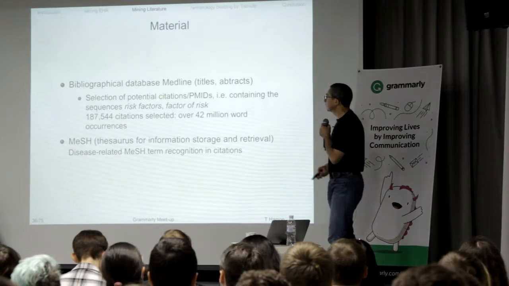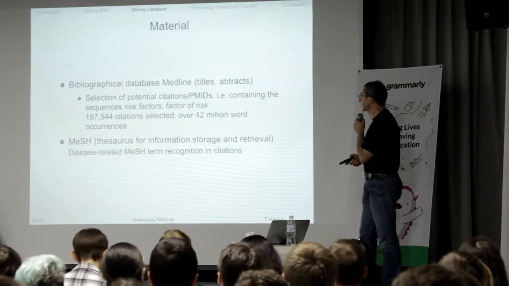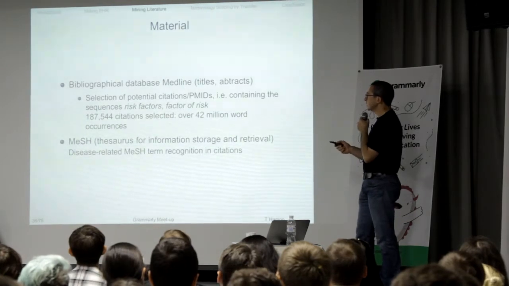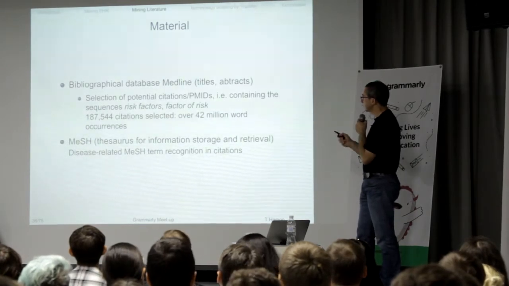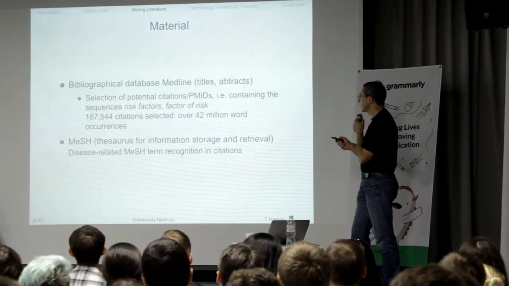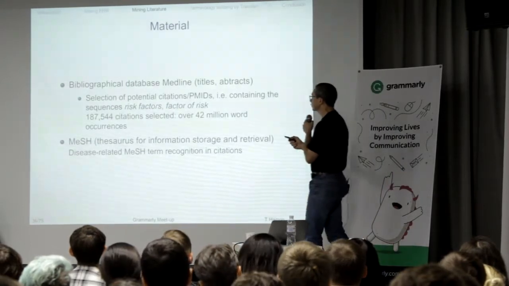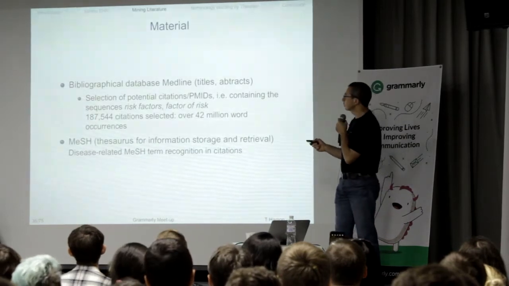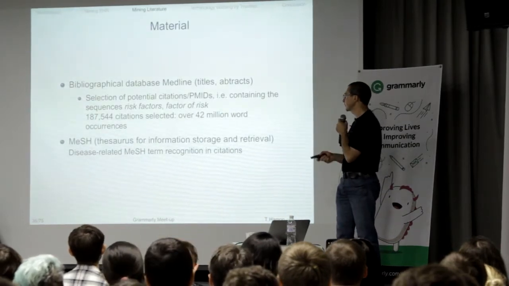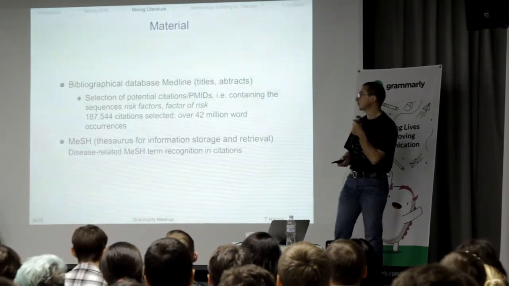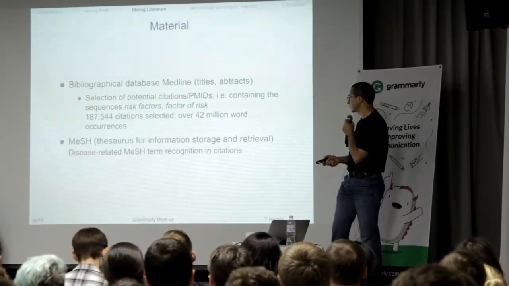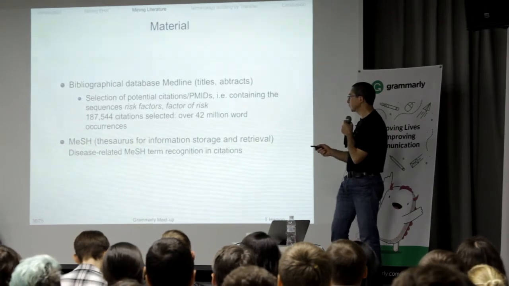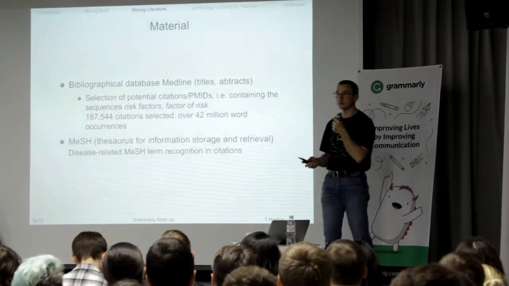So we use a bibliographical database, only title and abstract, and we select only the abstracts and titles which contain the sequence risk factor or factor of risk, which leads to almost 200,000 citations, about 42 million words. And we also use MeSH for having some information about the disorders.